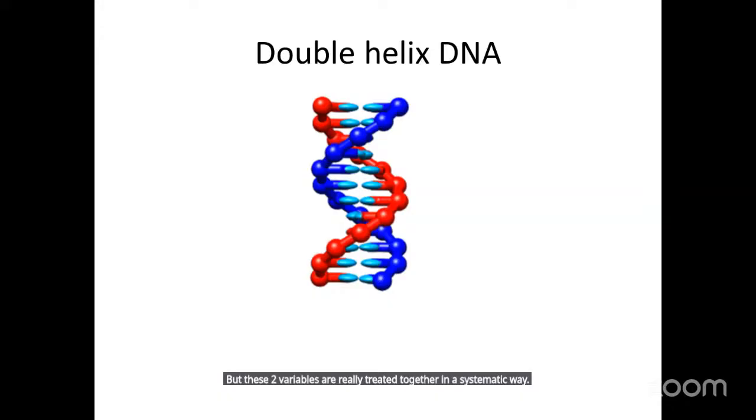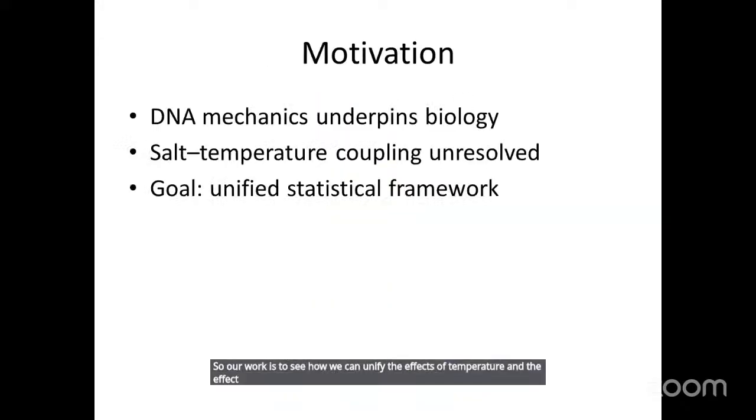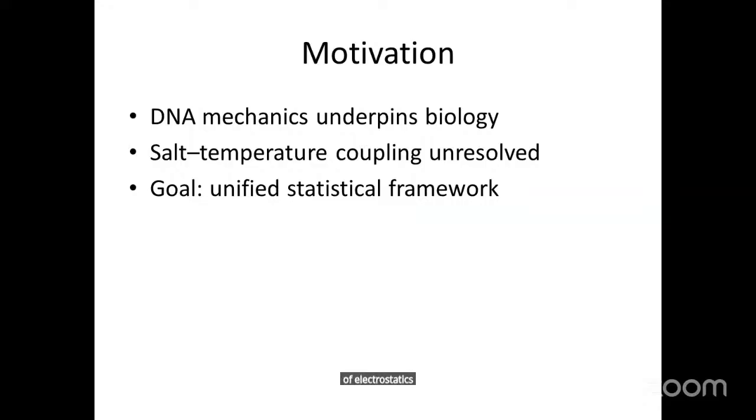So our work is to see how we can unify the effects of temperature and the effects of electrostatics on DNA, that is, how to unify the effects of temperature and ionic strength.